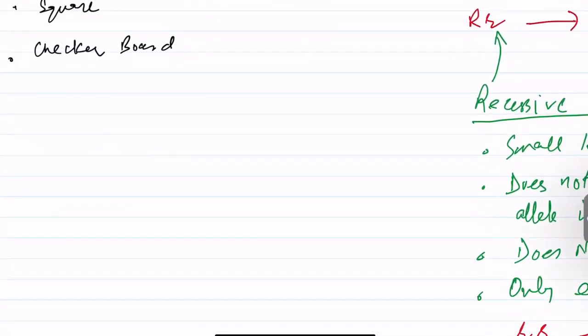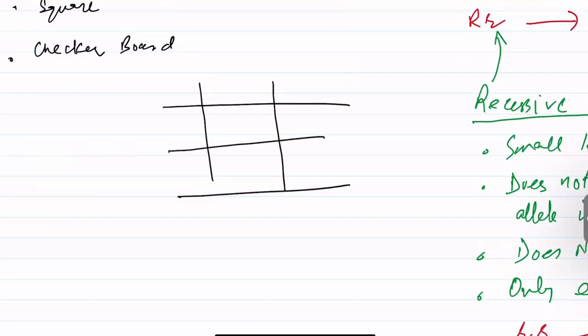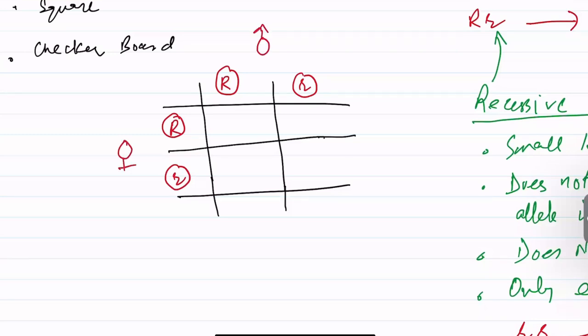As there are two gametes of each parent, so we write gametes of one parent on one side here, and gametes of the other parent on the other side, that's here. Okay. So these are gametes, maybe male gametes here, or female gametes here.